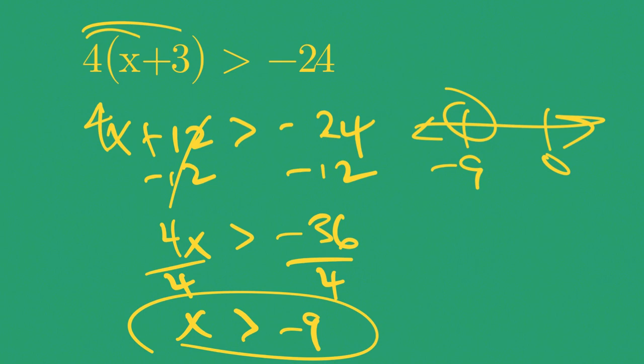And which way would you find values that are greater than negative 9? To the right or left? I agree. To the right. So open circle around the negative 9 means do not include the negative 9. Then we'll head out there to the right to find those values that are greater than that.